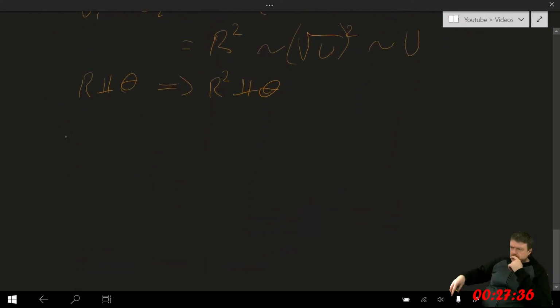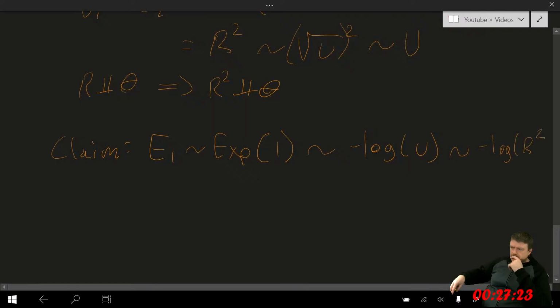Now I claim one more thing. I claim that E, a standard exponential, has the same distribution as minus the logarithm of U, which then has the same distribution as minus log r squared. Now, consider the probability that minus the logarithm of U is less than or equal to x.